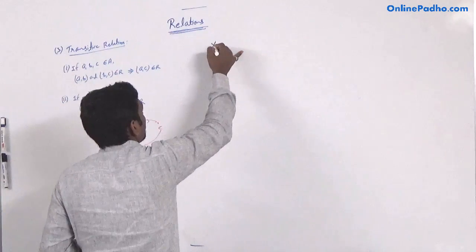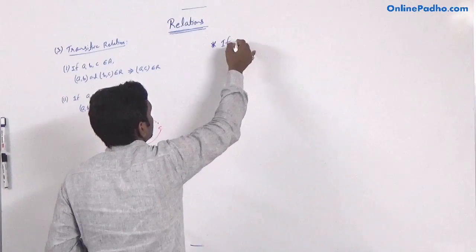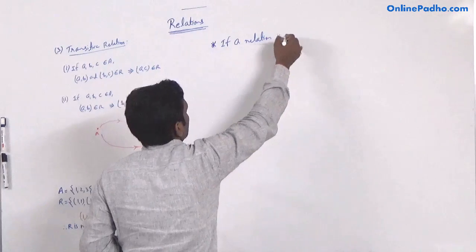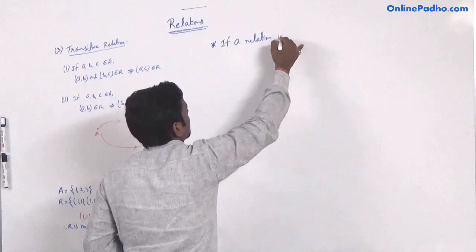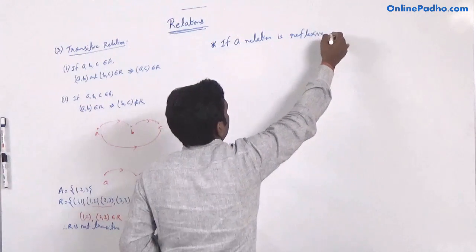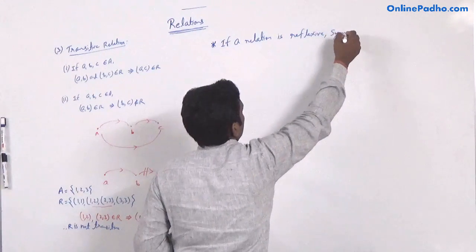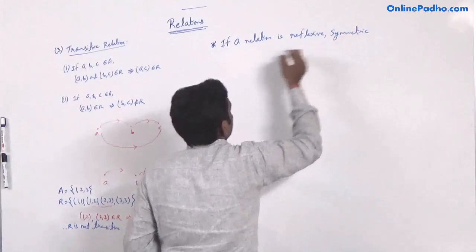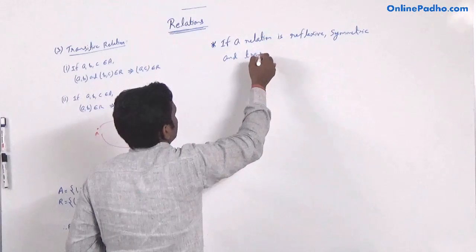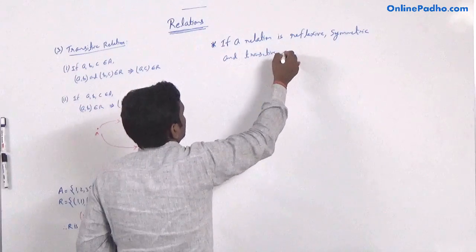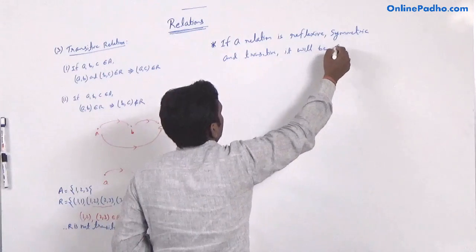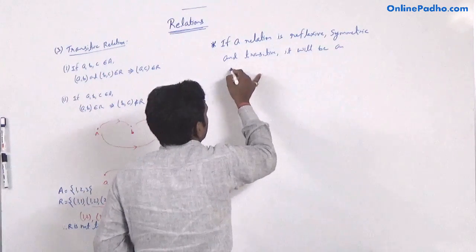Let us see the very important point. If a relation is reflexive, symmetric, and transitive, so it will be an equivalence relation.